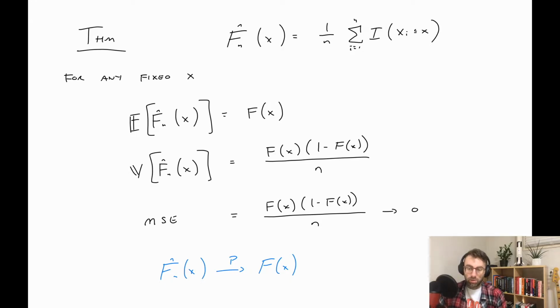But I would note that hopefully you already see some familiar things here. So what is f hat? It's the sum of a bunch of random variables that output 0 or 1. And if we knew f, which we kind of have to assume to do these calculations, we could attach a probability to this thing here, for a fixed x. So for a fixed x, the xi are either below or above it, and then we're averaging them.